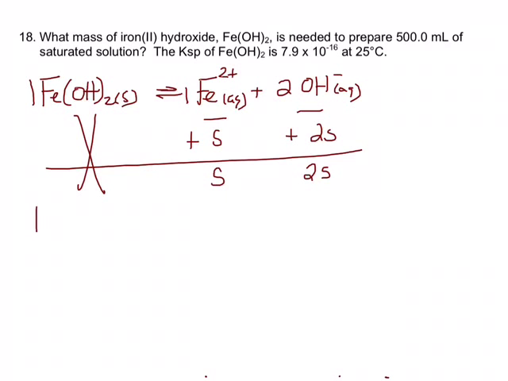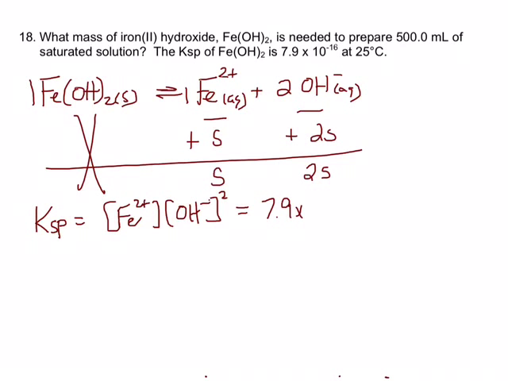Let's write our equilibrium expression. Ksp equals concentration of iron times hydroxide concentration squared equals 7.9 times 10 to the minus 16. Now, that's a very small Ksp, so this salt's going to have a very low solubility.